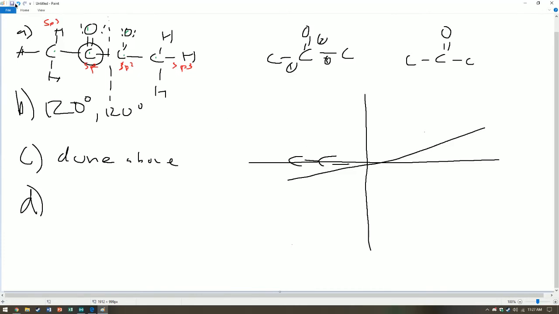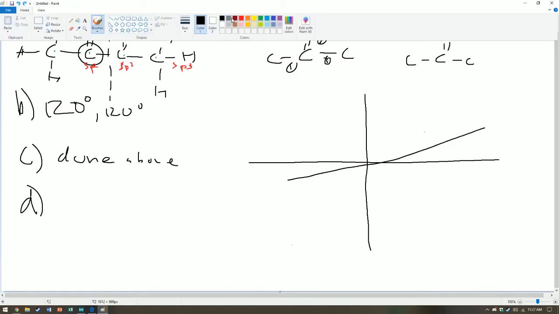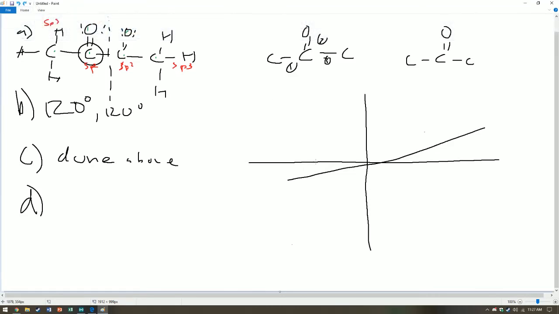Let's use maybe orange. I'm trying to draw this as accurately and representatively as possible.